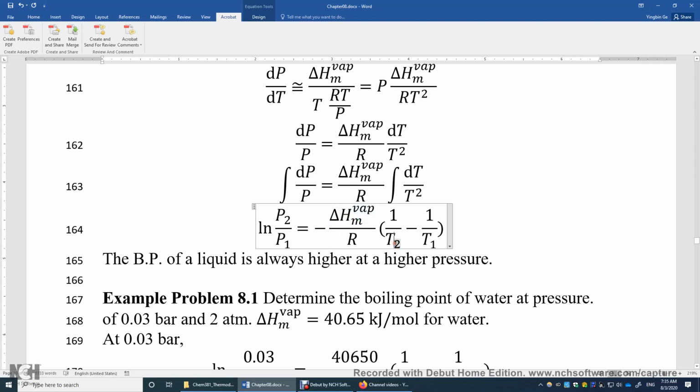If T2 is greater than T1, 1 over T2 minus 1 over T1 is negative. With the negative sign in front, the whole thing is positive, and then P2 is greater than P1. Negative times negative is positive. Therefore, P2 is greater than P1.